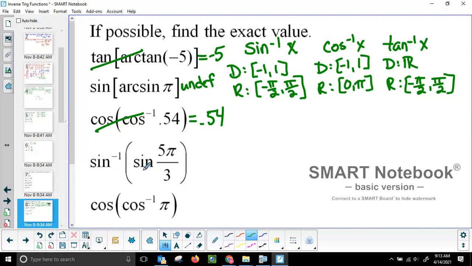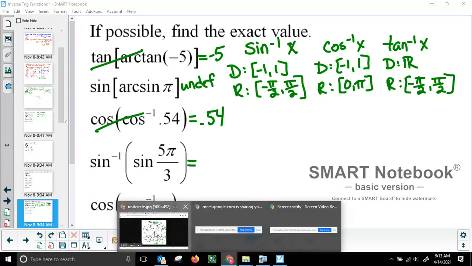All right, now we have to be careful here. What's different between this one and these previous three? Yeah, the inverse is on the outside. Okay. Now, so we still want to work from the inside out. All right. So what we want to do here first is just say, okay, what is the sine of 5 pi over 3?